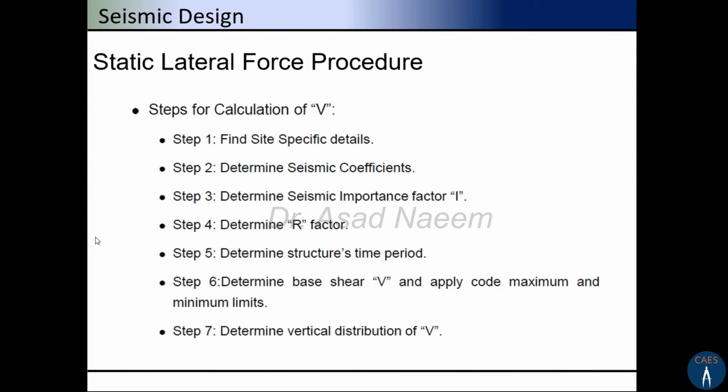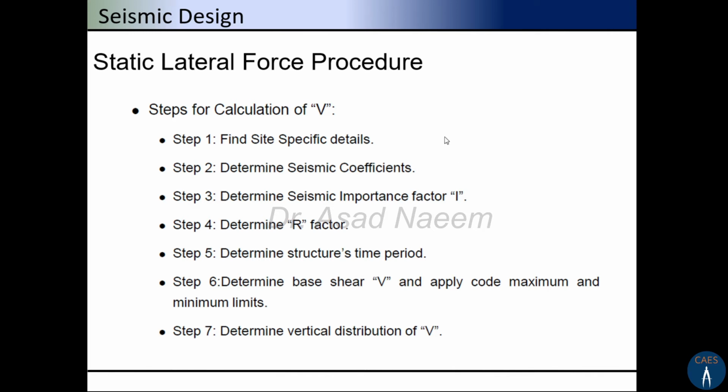So in the first step, first of all, we have to find the site specific details, in which we'll find our zone factor, and then we will have to calculate which type of site it is, site 1, 2, 3, and then we will calculate the values of Na, the near source factor, and Nv factor also.